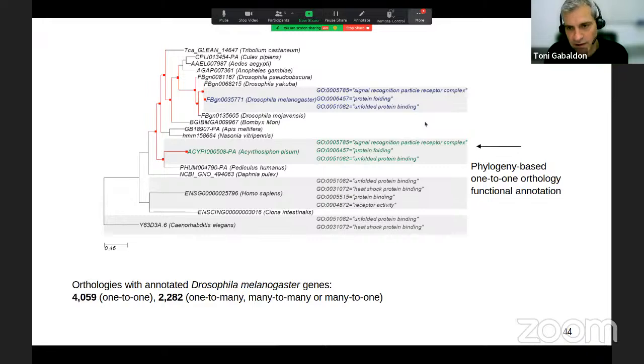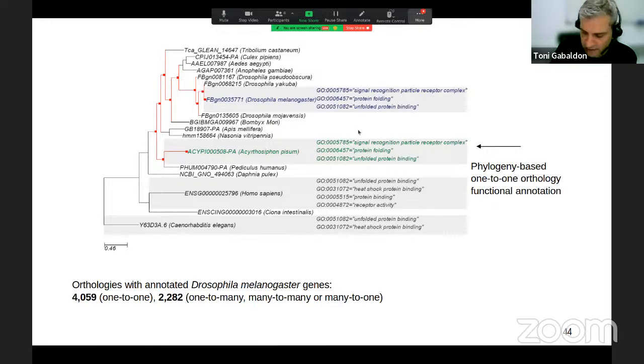Another useful thing we could derive is that you can also map all annotated functions for all the genes in your tree. For instance, in this case, you know that the three GO terms that are annotated in Drosophila melanogaster are also annotated in two of the outgroups, suggesting this function is conserved across the family, and making you more confident, because this is one-to-one and the function is conserved, about this functional annotation.